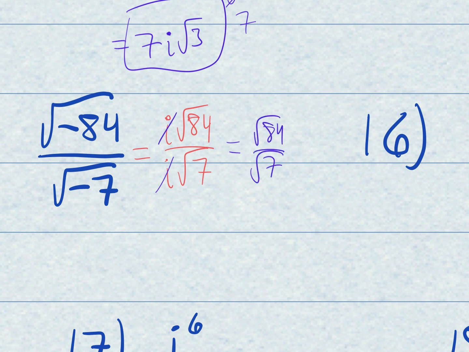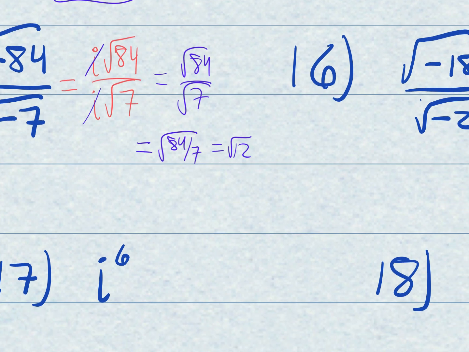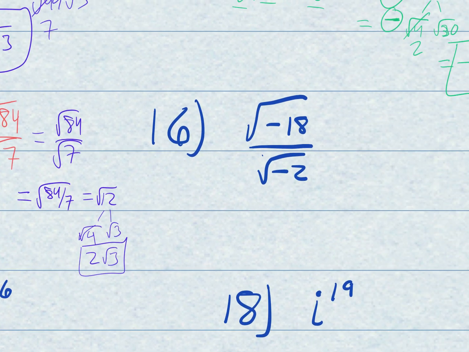If you have two things that are being divided and they're both under a radical, you can make this a little bit easier and simplify as 84 divided by 7. And 84 divided by 7 is just going to get you 12. So we get the square root of 12. Let's simplify this a little bit. It's going to be the square root of 4 and the square root of 3. And the square root of 4 is 2. So we get 2 square root of 3 is our answer for this one. All right, same thing with 16.